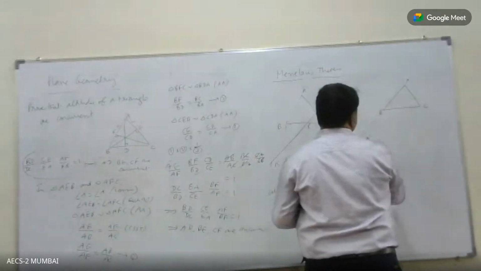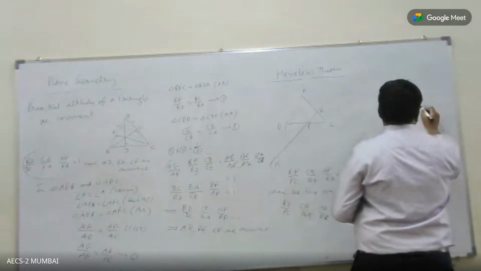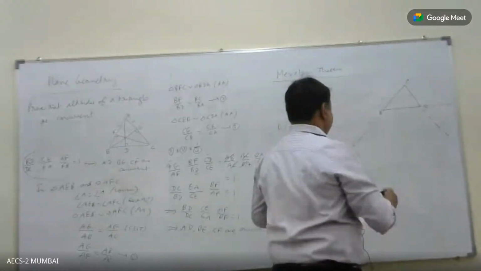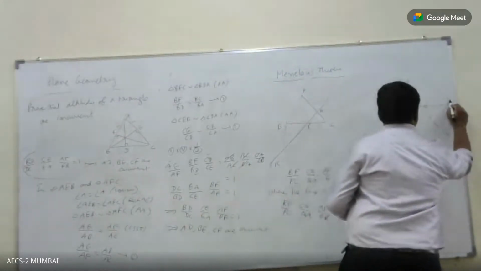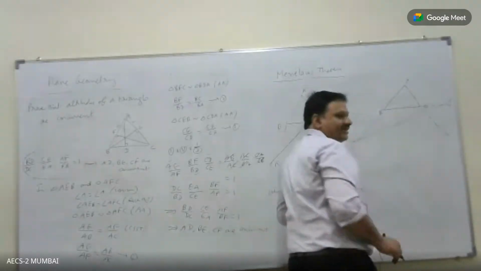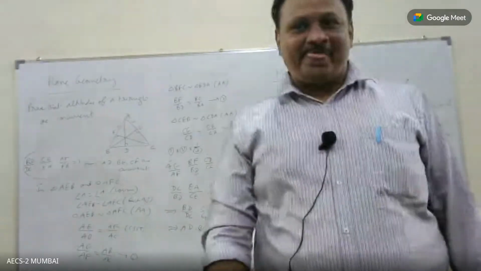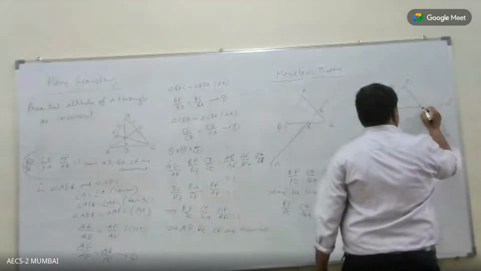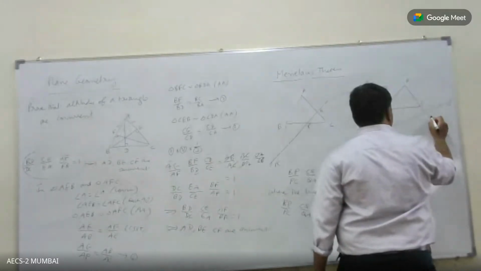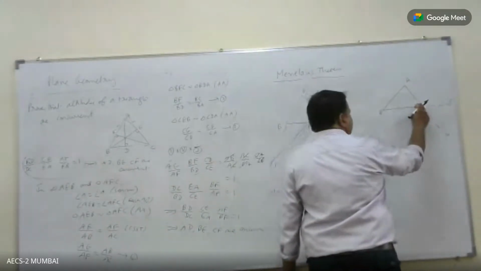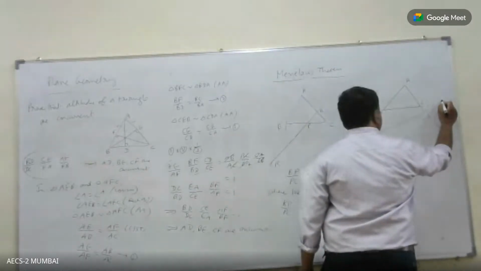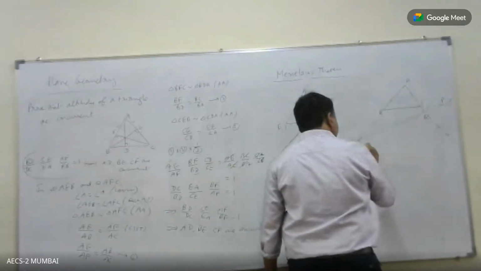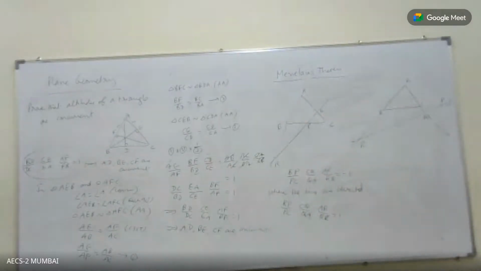I go reverse. I extend this, I extend this, I extend this. I need a line that cuts all the three now. To get the diagram, I went reverse first. Now, let us suppose BC is intersected at P, AC is intersected at Q, AB is intersected at R, external.